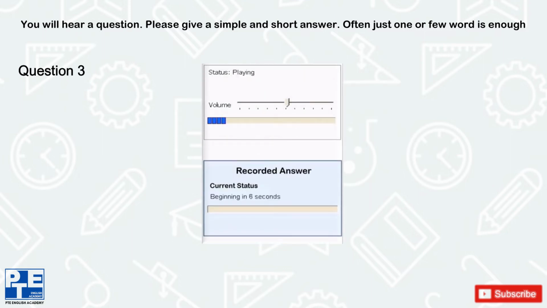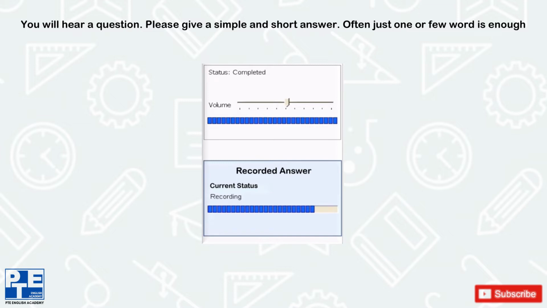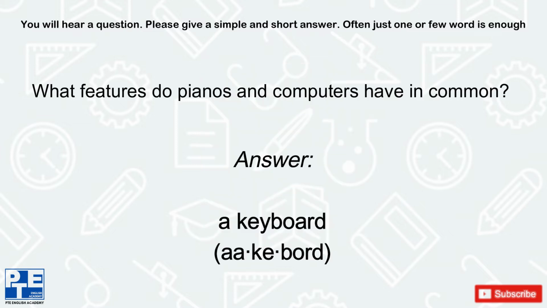What features do pianos and computers have in common? Answer: a keyboard.